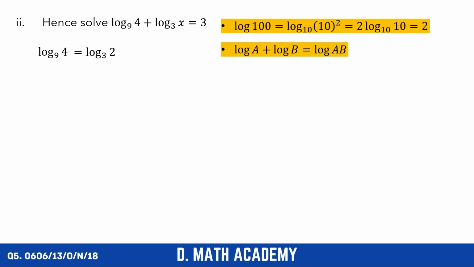The other thing is that since we already proved that log with a base of 9, 4 can be changed into log with a base of 3, 2, I change it up. The plus then becomes multiplication. So I have log 2x equals to log 3 with a result of 3 to the power of 3.